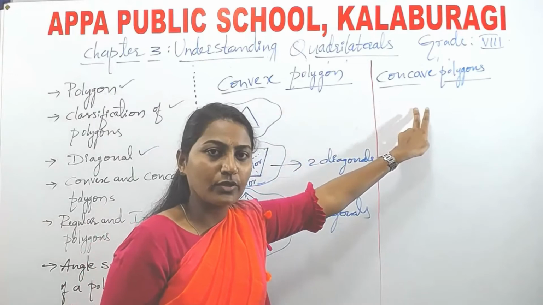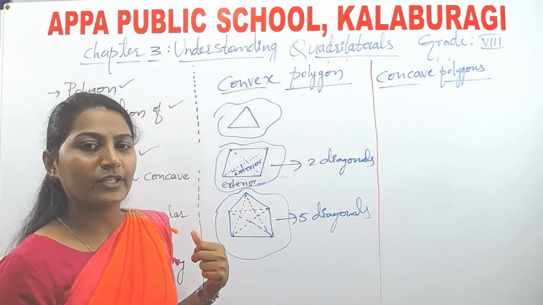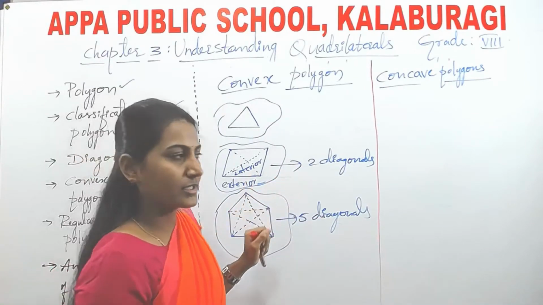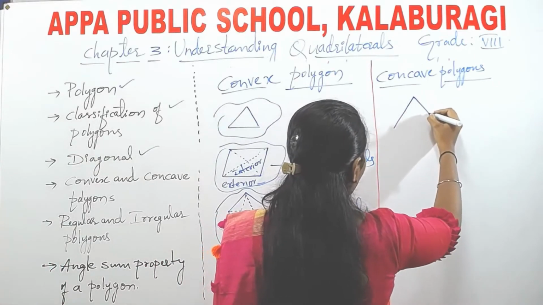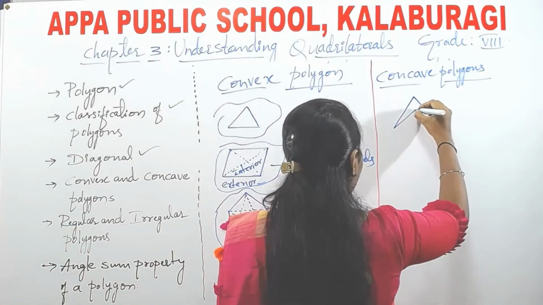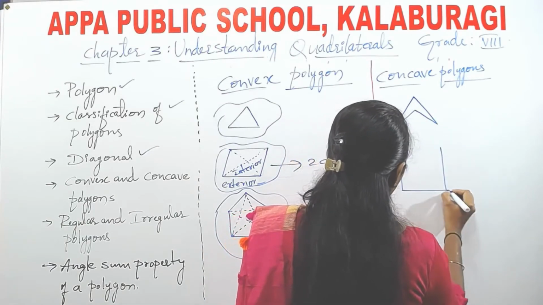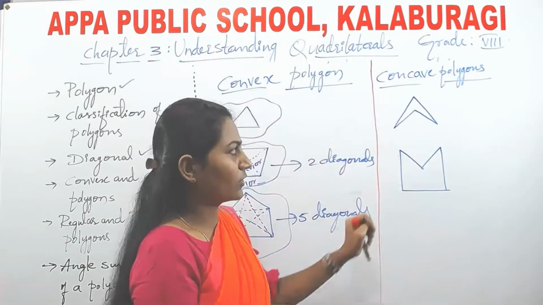Coming to the concave polygons, a concave polygon is a polygon which has a portion of diagonal in its exterior. So let me draw a polygon. Okay, these two are the polygons.